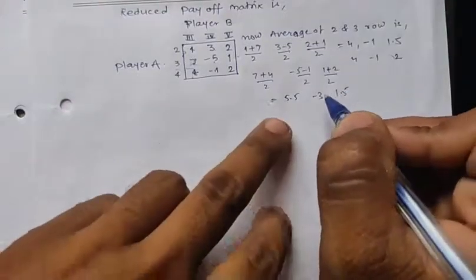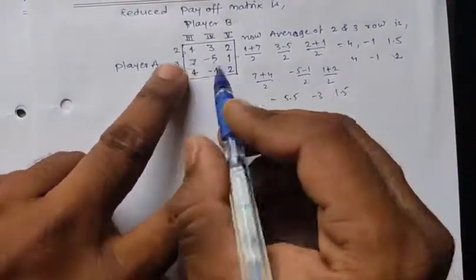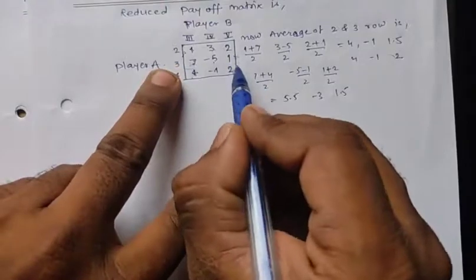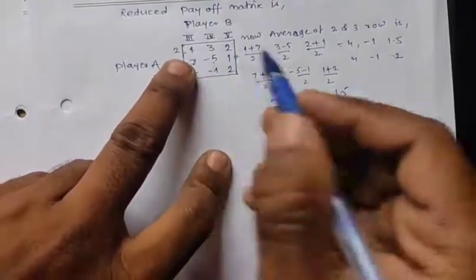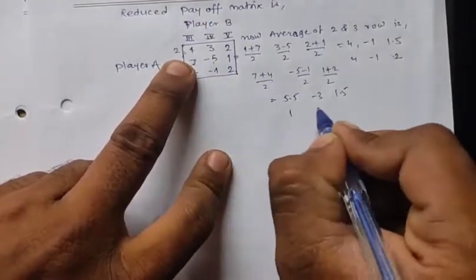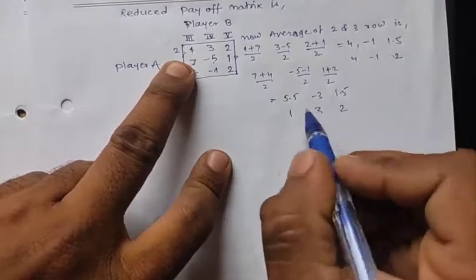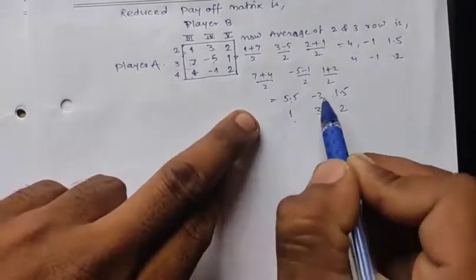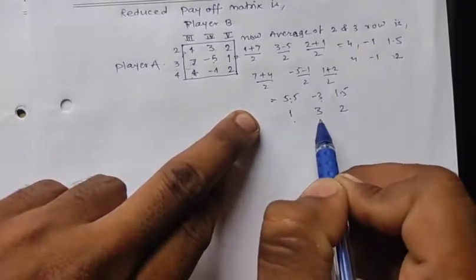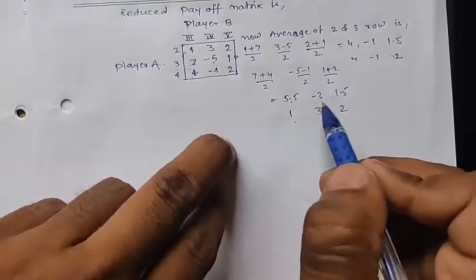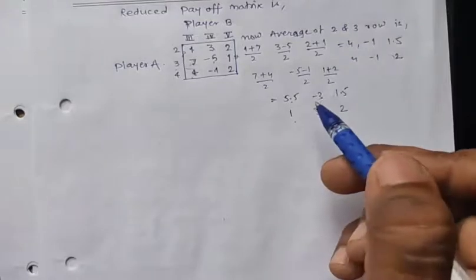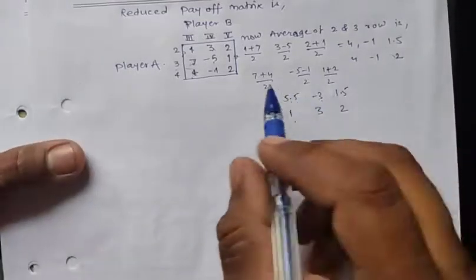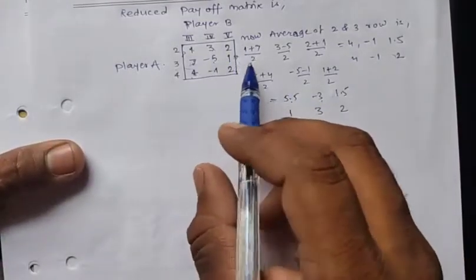We have taken the average of the third and fourth rows, so the remaining row is 1 3 2. Here 5.5 is greater than 1, but minus 3 is not greater than 3, therefore we cannot dominate any row, so the row operation cannot be performed.